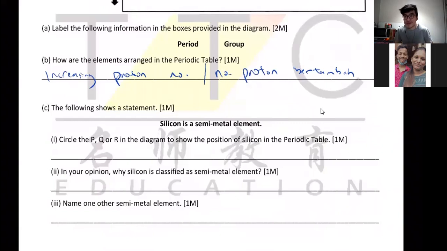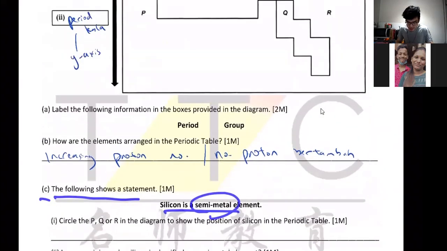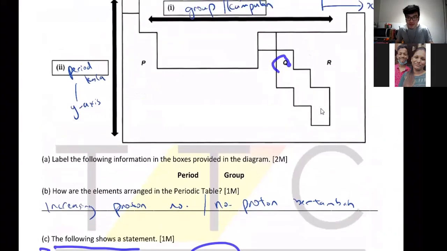It tells us everything. Okay, the following shows a statement: silicon is a semi-metal element. So where is semi-metal? You learn this in Form 1, right? Metal is on the left-hand side. Non-metal is on the right-hand side. The middle one is usually your semi-metal, which is this Q here.